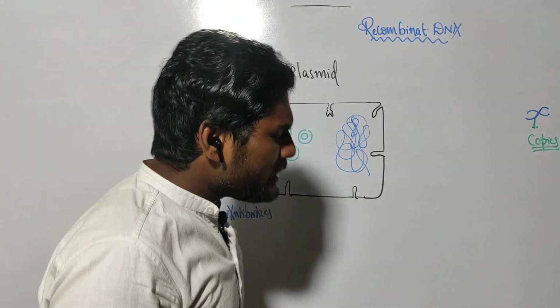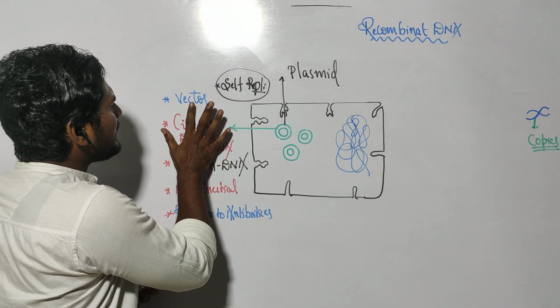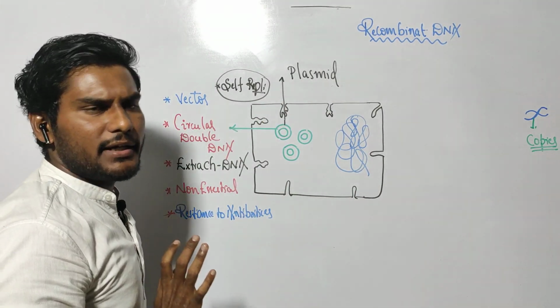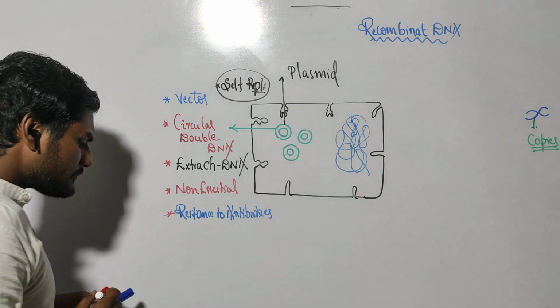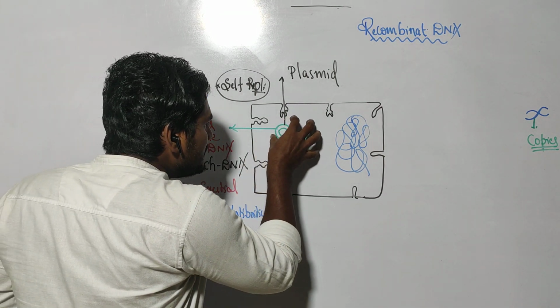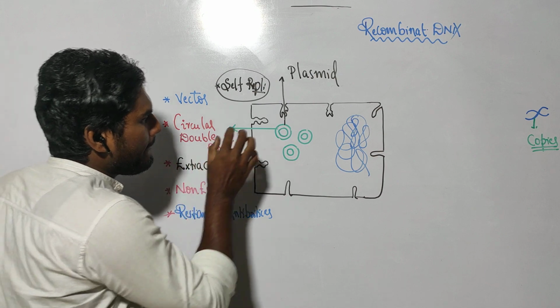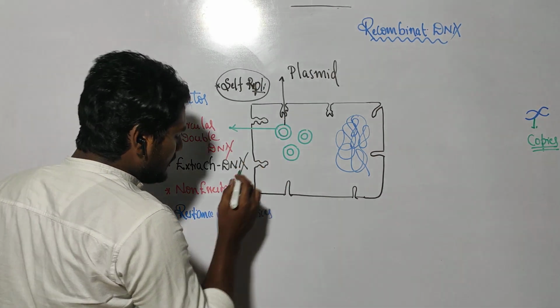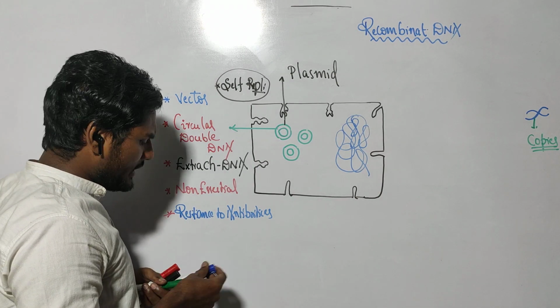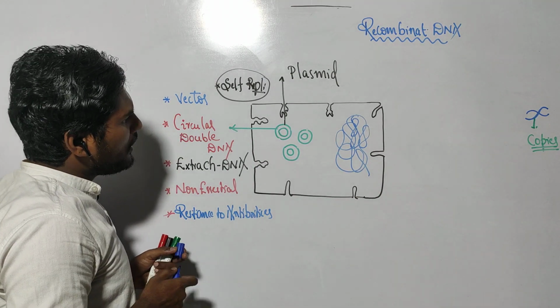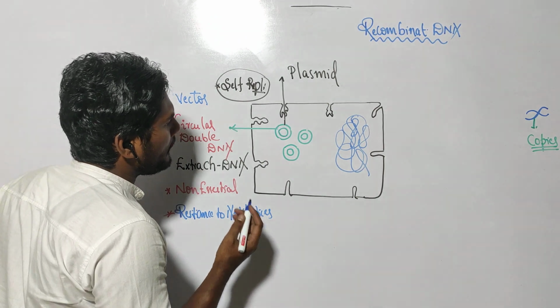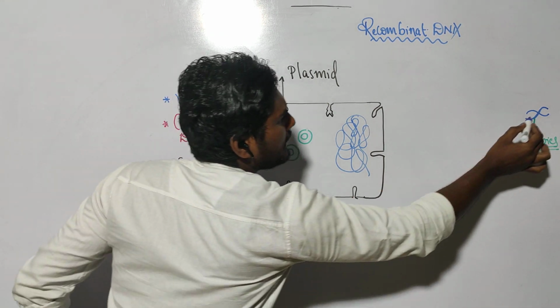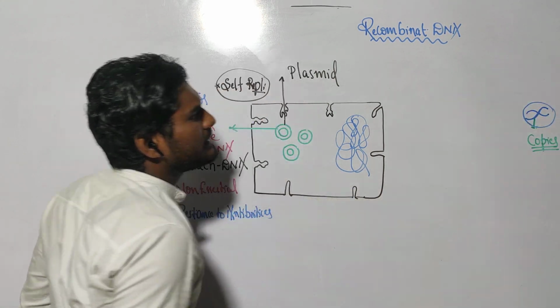Okay, fine. I told you that these are acting as vectors, right? Okay, vector. After this, for example, where is our gene of interest? Yeah, this is our gene of interest, right?